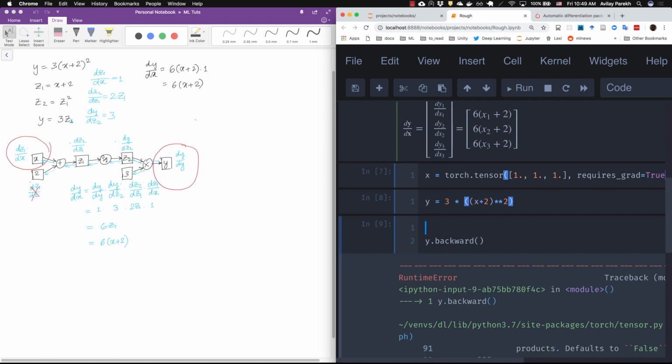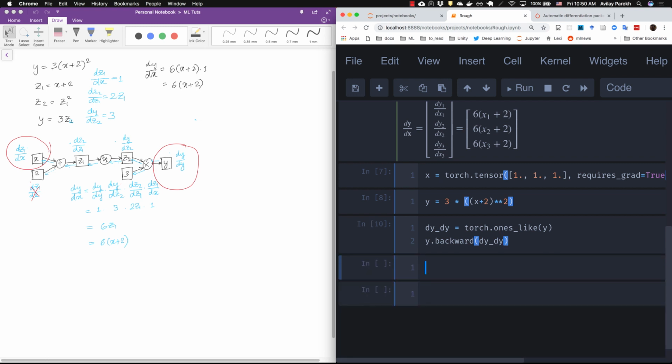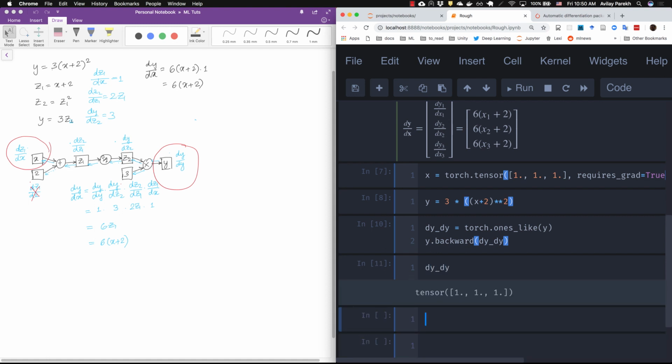Let's define dy/dy to be a tensor of ones, because that's kind of a no-op derivative and it will always be 1, and its shape is just like y. Then give dy/dy like this, and now it works. So now it has created the backpropagation graph for us. If you're curious, dy/dy is simply all ones.